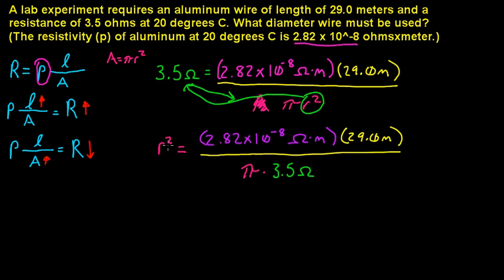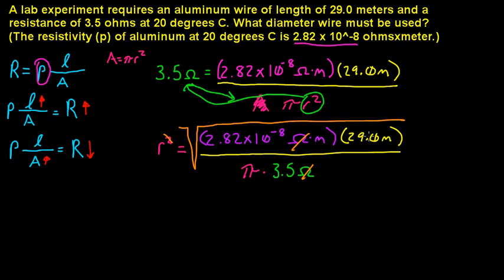So to get this r squared out of it, we're going to have to square root this problem. When we do that, we can take away that square. Also, you have an ohm here and an ohm here, so you're going to take that out, and because this is squared, before you did that you'd end up with a meter squared.